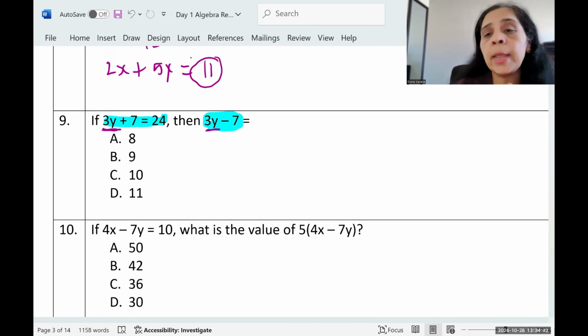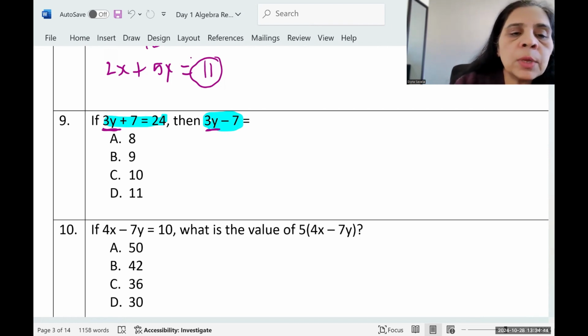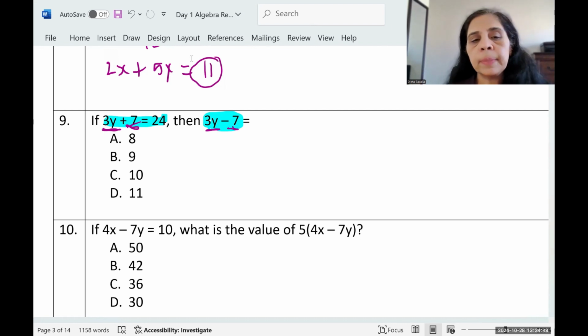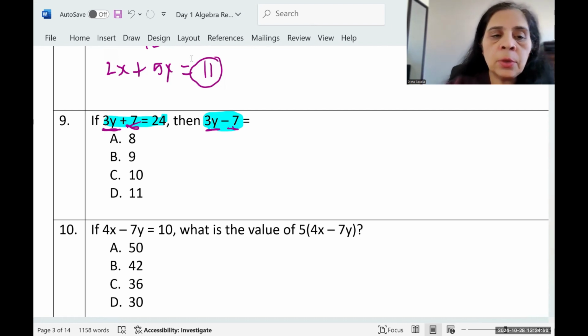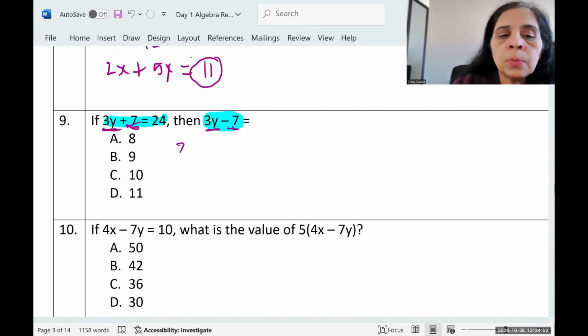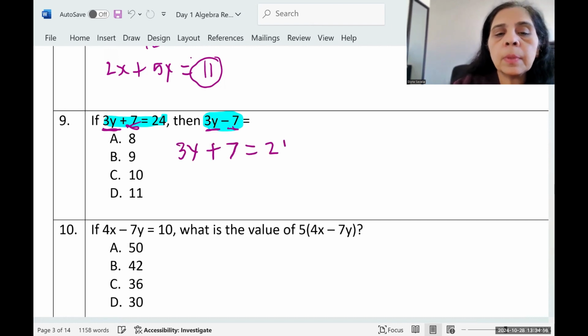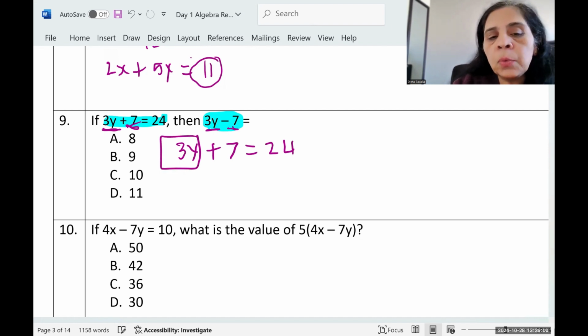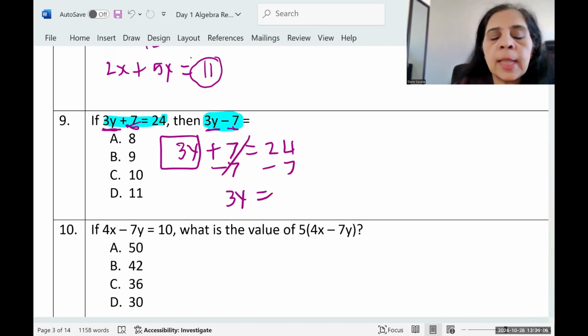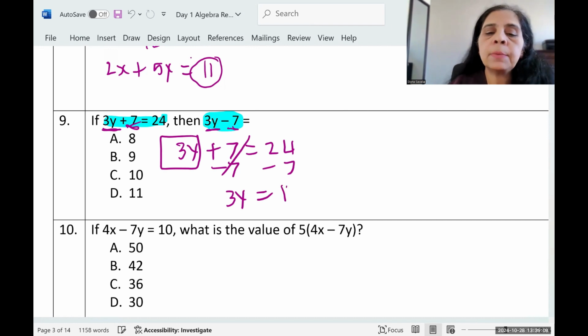It's 3y, exactly the same thing, but we don't have the same constant. So in that case, what can I do? I will solve for 3y. I will try to keep 3y by itself. So now we have 3y equals 24 minus 7, which is 17.